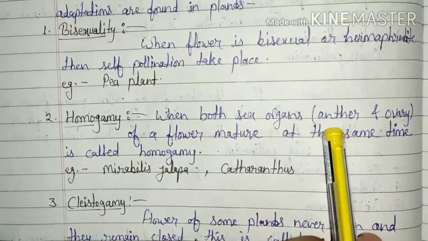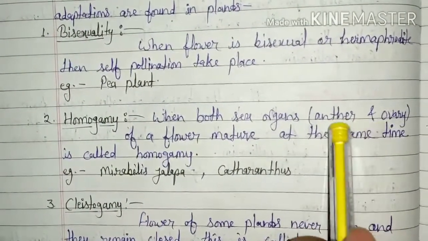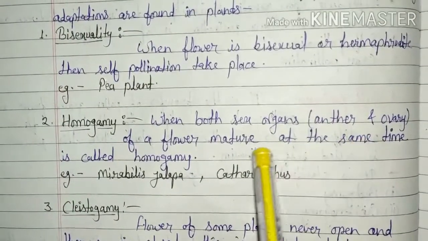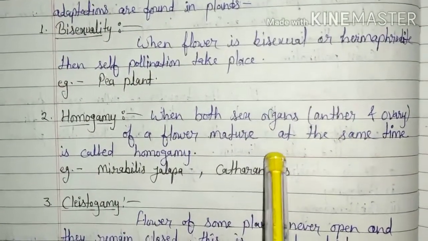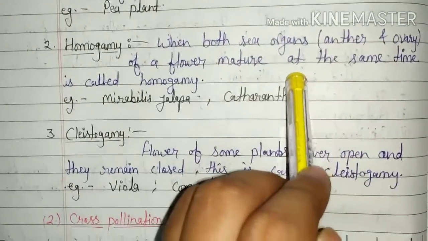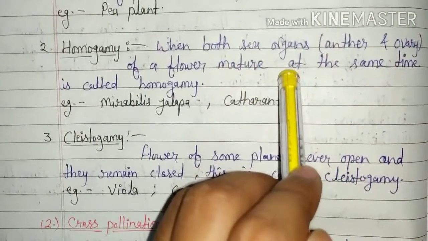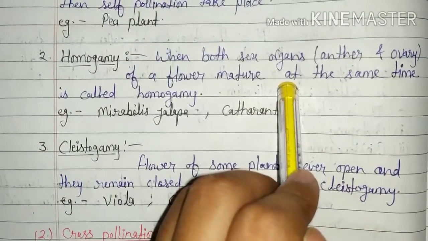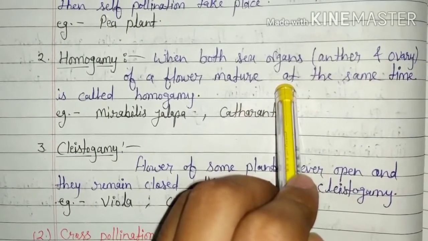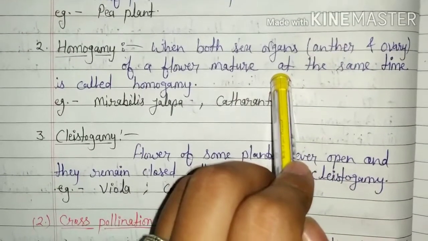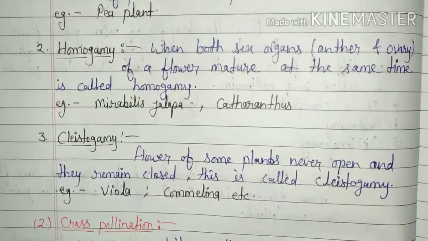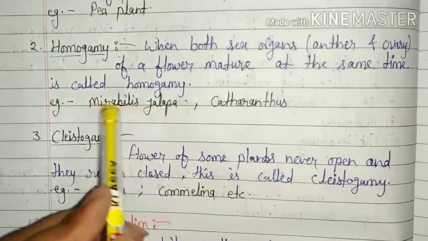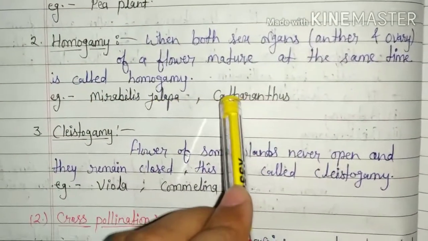Anther and carpel maturation time should be the same, then self-pollination takes place. At the time of dehiscence of the pollen sac, the stigma is receptive, so there is a 100% chance of successful self-pollination. For example, Mirabilis jalapa, the 4 o'clock plant flowers, and Catharanthus.